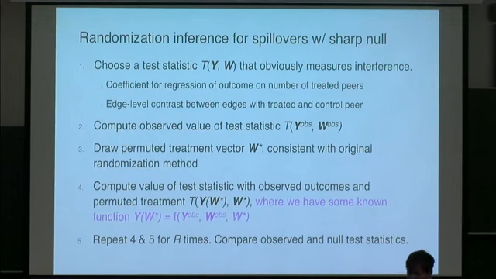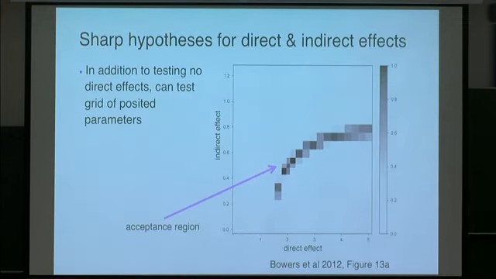Okay, so this could allow you to do things like, basically as a function of some direct effect and some spillover or indirect effect, yet another name for this, we can say, okay, here is the acceptance region for these two parameters. But here we're doing inference for the indirect effect that requires that we consider constant direct effects, right? So we've abandoned some of the completely non-parametric, distribution-free characteristics of what we were doing before.